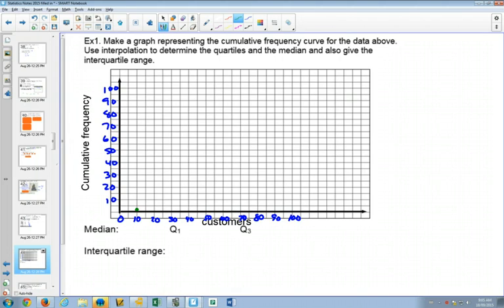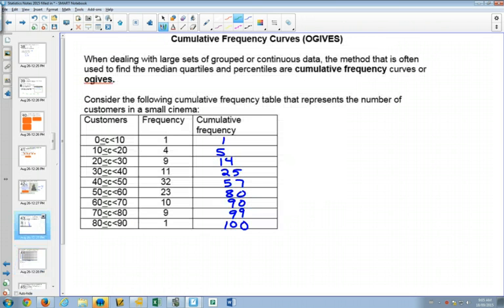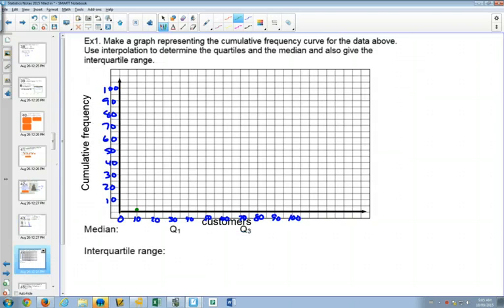Basically at 10. And at 20, our cumulative frequency is 5. Now, it doesn't include 20, so we'll go right before 20 and mark it at 5. At 30, we were at 14, so right before 30, mark it at 14.